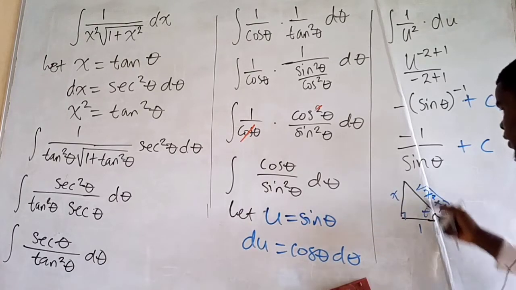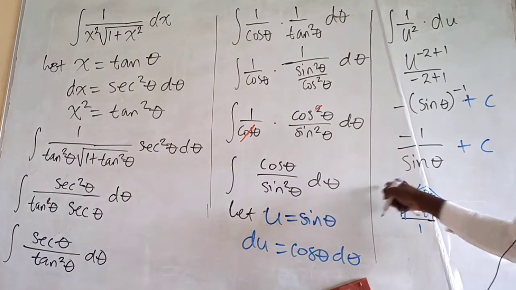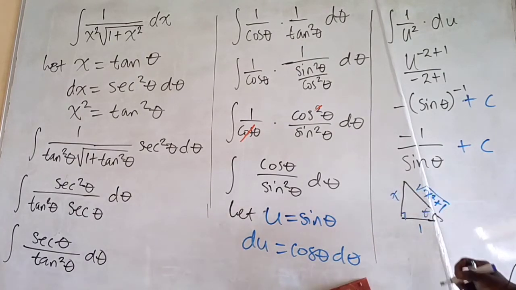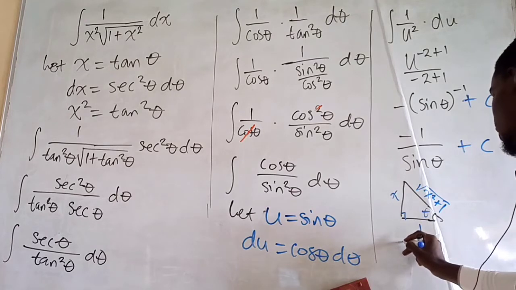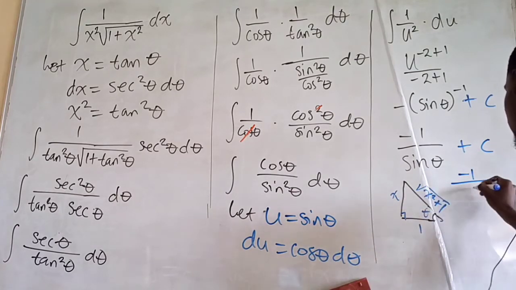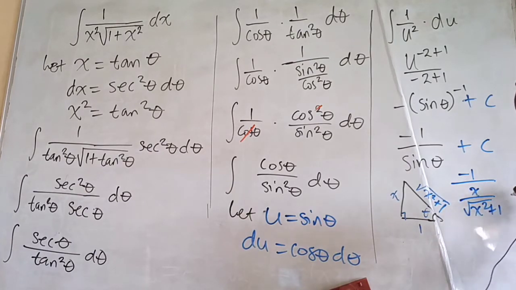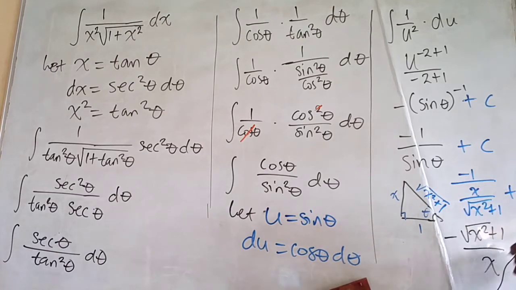To get sine theta from there, sine theta is going to be opposite over hypotenuse. So that is going to become negative 1 over x over the square root of x squared plus 1, and we add a c. By inverting this, we get the negative of the square root of x squared plus 1 divided by x, plus an arbitrary constant.